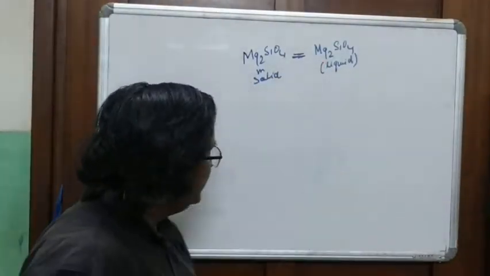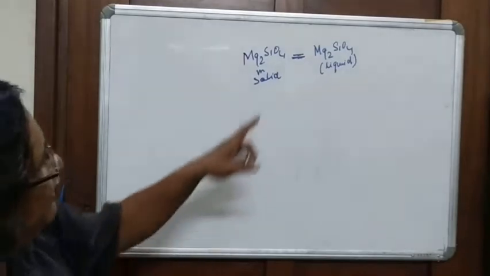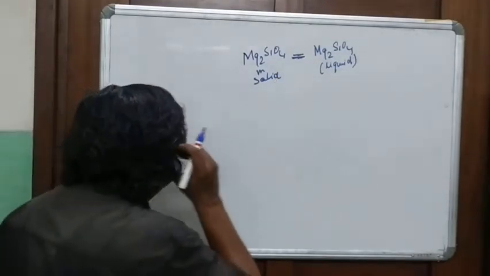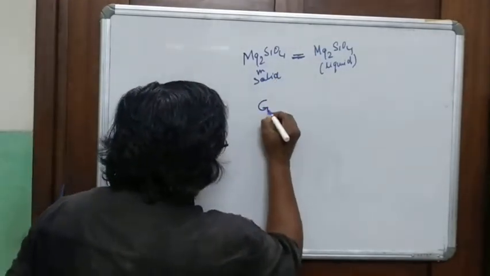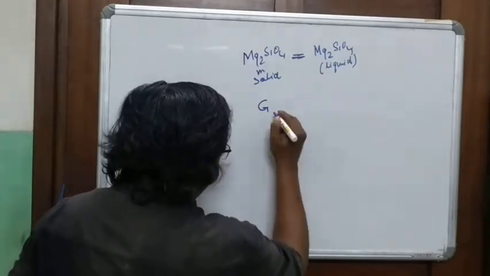You have forsterite in solid in equilibrium with forsterite in liquid. Now, if you have written this, then there will be an equation of state. Say, for example, G, I will write the product first.